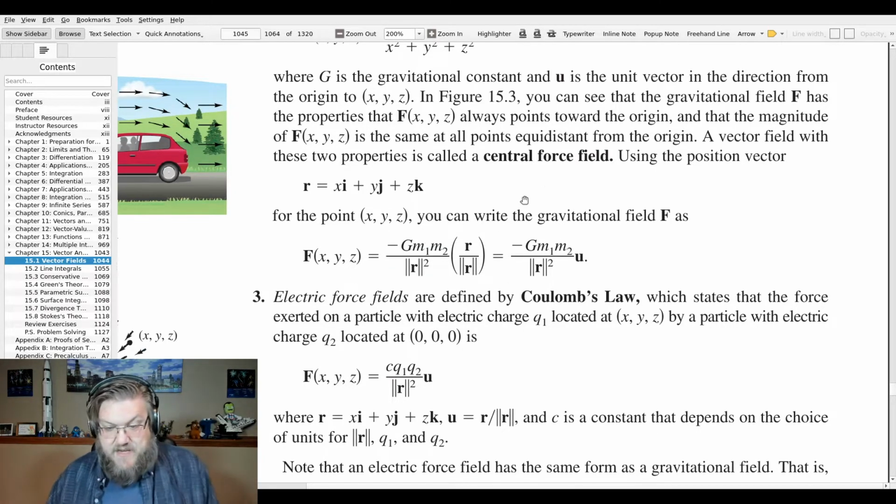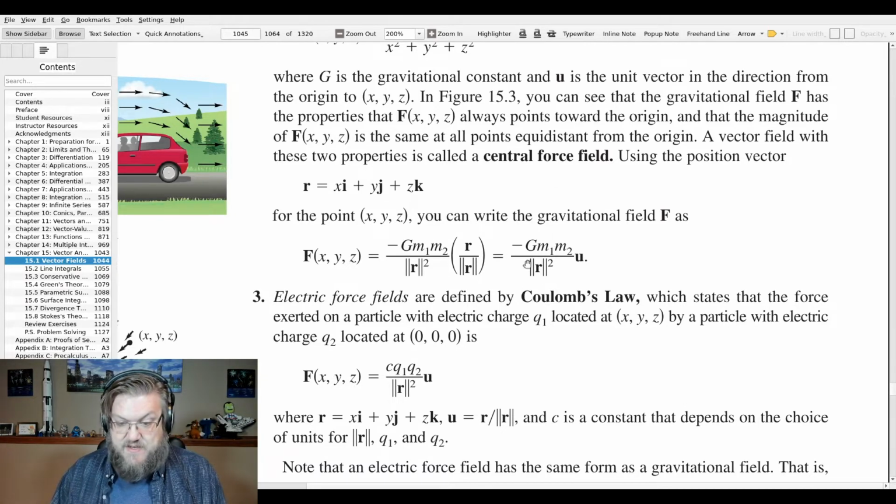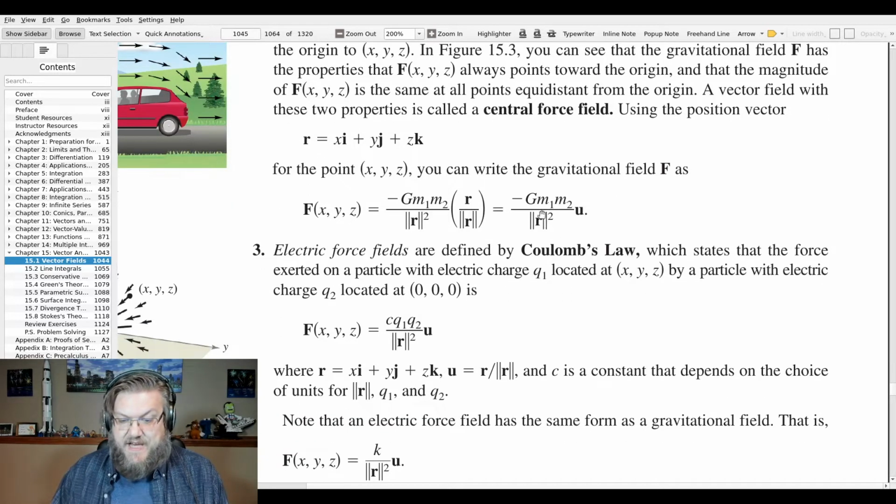But this is now talked about in a vector field sort of way, right? You can talk about how that gravitational field looks, right? And as you go out further and further, this dies down like the square of the distance that you're apart from the center of the gravitational field.